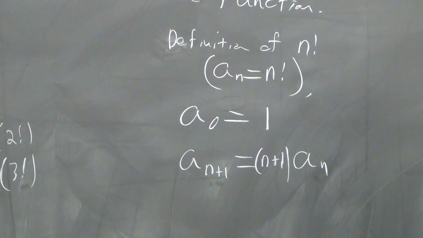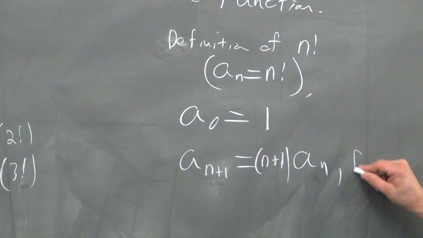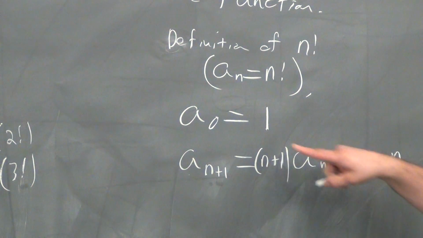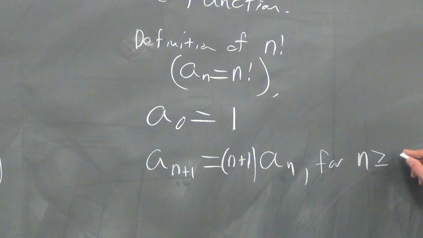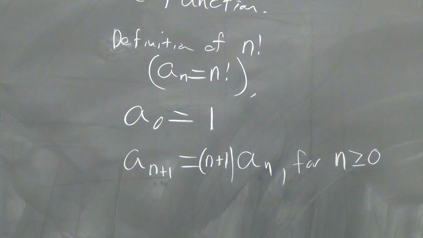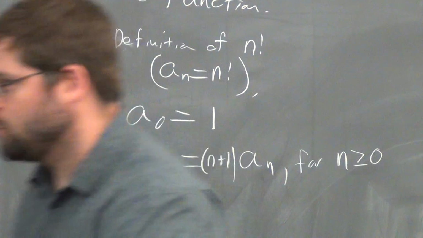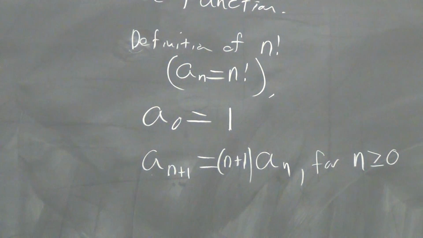Whatever you're defining. And when can we start using this recursive definition? For n, we started at 0. We can start using this once n is greater than or equal to 0. Does that make sense? Okay. I don't know that we'll make a ton of use of that, but anyways.